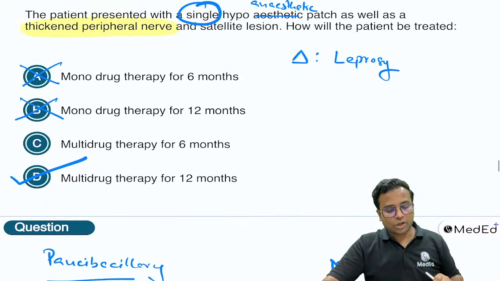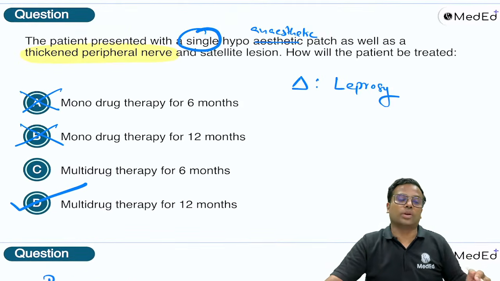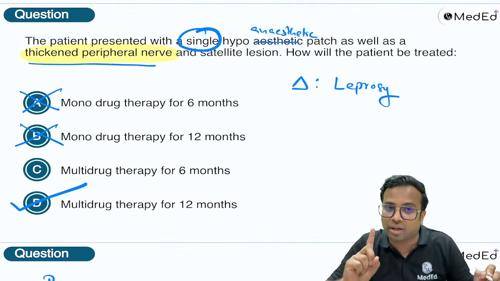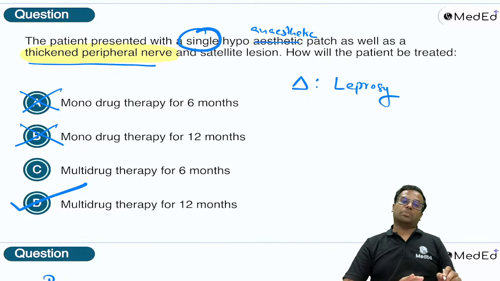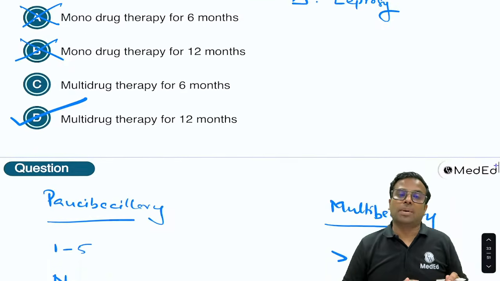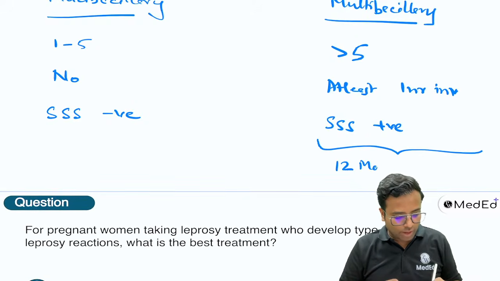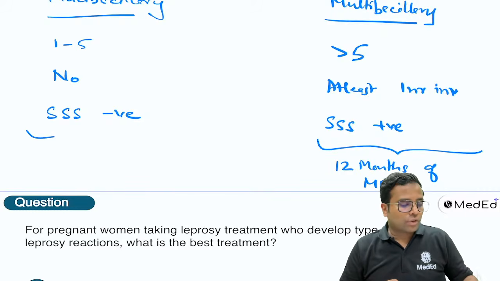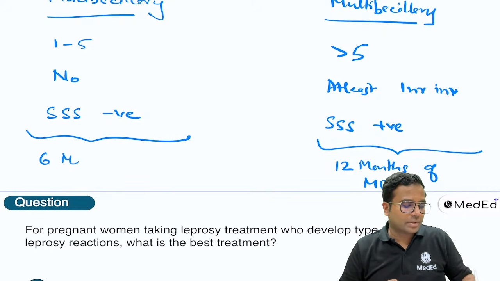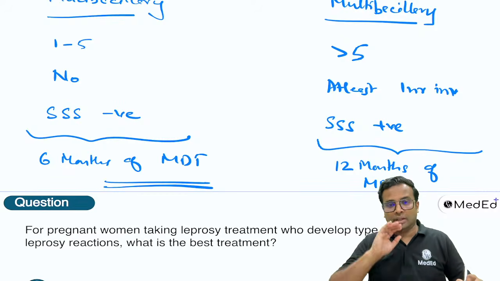So just see the question once again. Because of the involvement of at least one nerve, we have to treat it as multibacillary, and for multibacillary the treatment is always 12 months of MDT. Whereas for paucibacillary, it can be 6 months of multi-drug therapy.